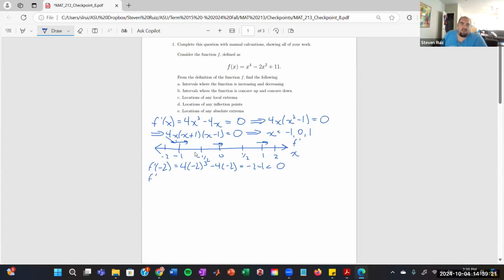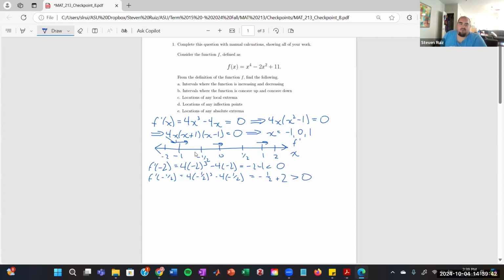Now what's happening at -1/2? 4 times -1/2 cubed minus 4 times -1/2. -1/2 cubed is -1/8, times 4 is -1/2, plus 2.